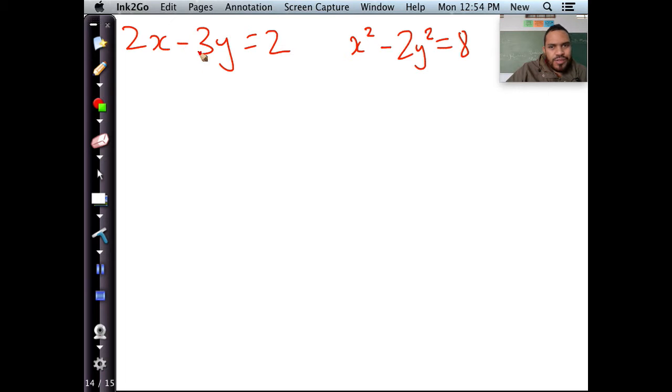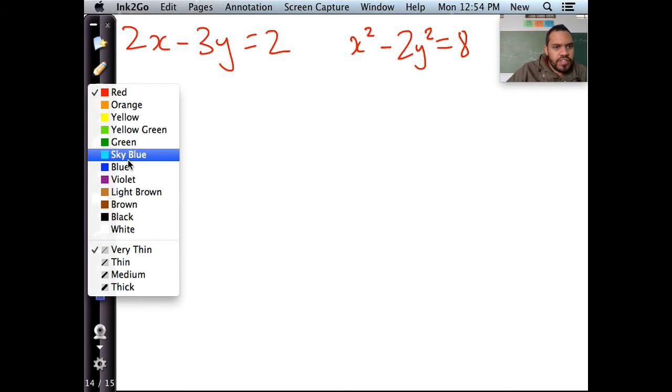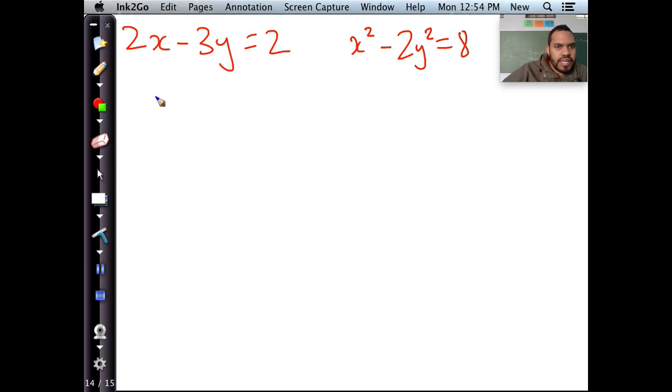It seems easier to work with solving for x here possibly. So if we solve for x, we'll get 2x is equal to 2 plus 3y. Do you agree?